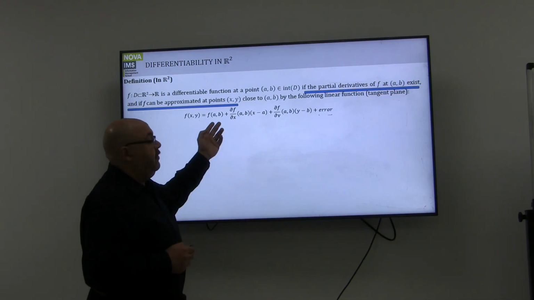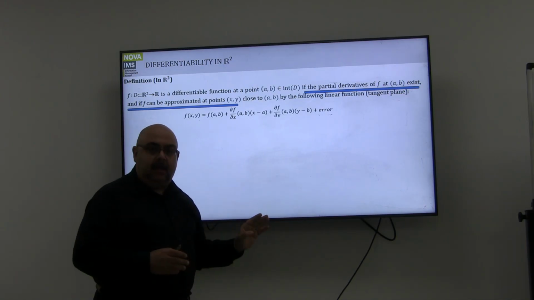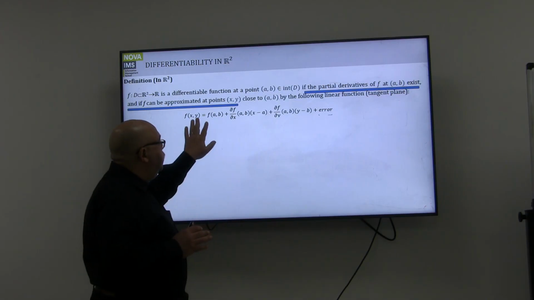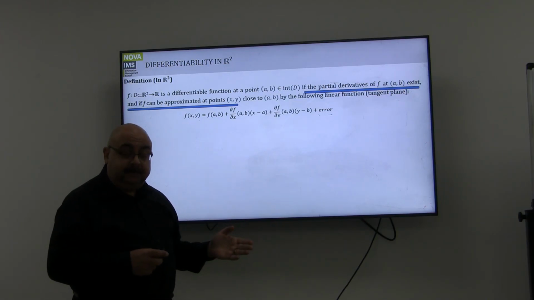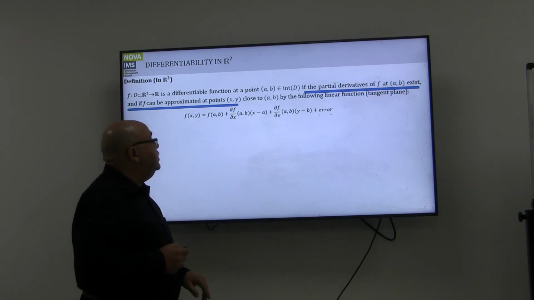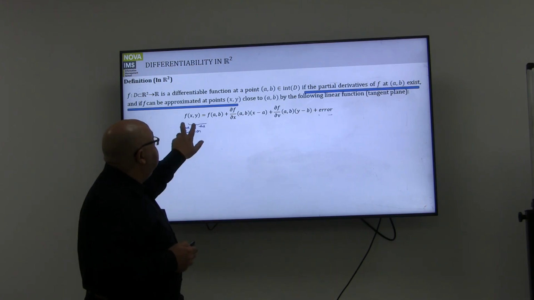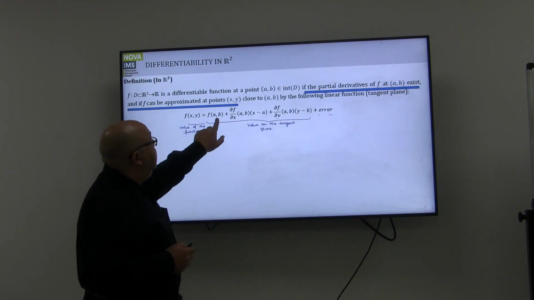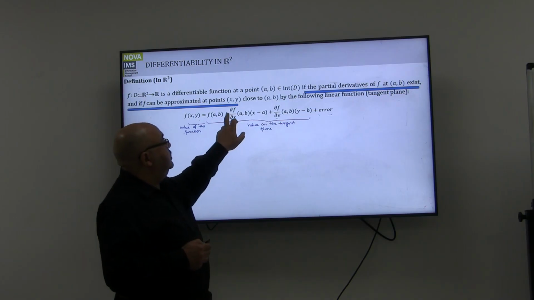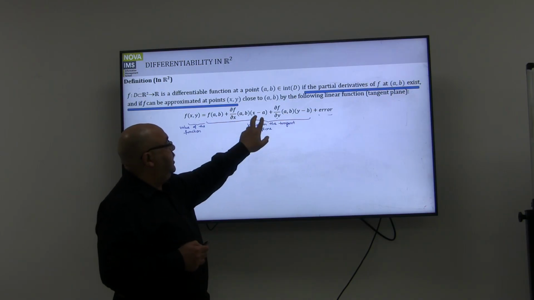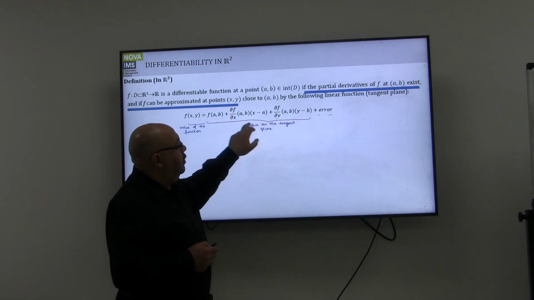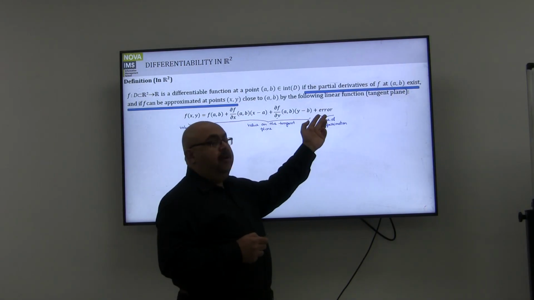That's the equation of approximation, which is exactly, if you remark, the main equation in R1, or from R into R, as you will see in the coming slide. This is the value of the function, plus partial f partial x times (x minus a), and so on, which is the value of the tangent plane, and that's the error term.